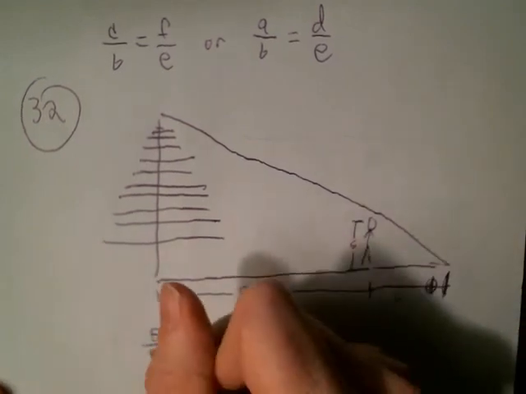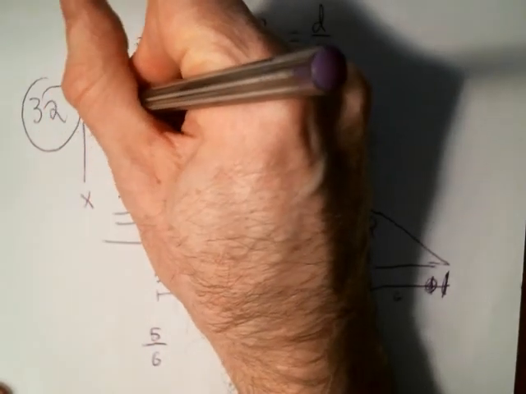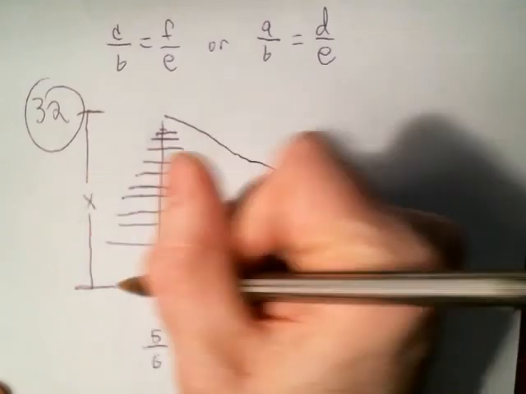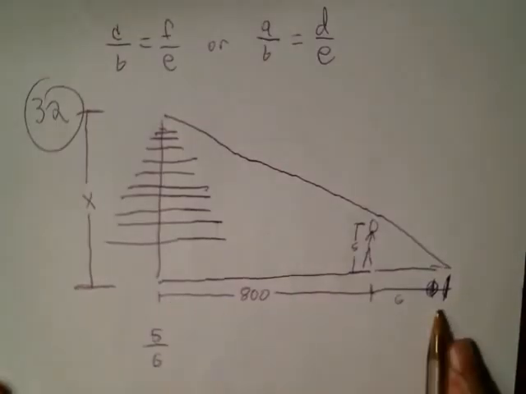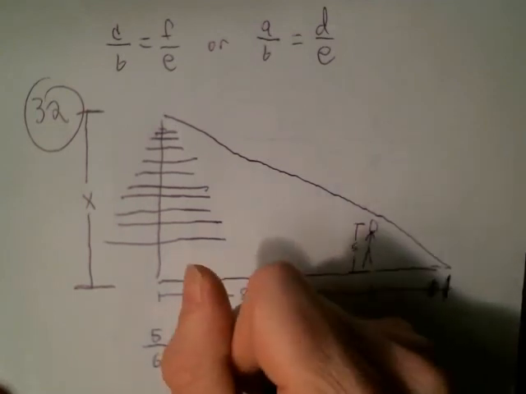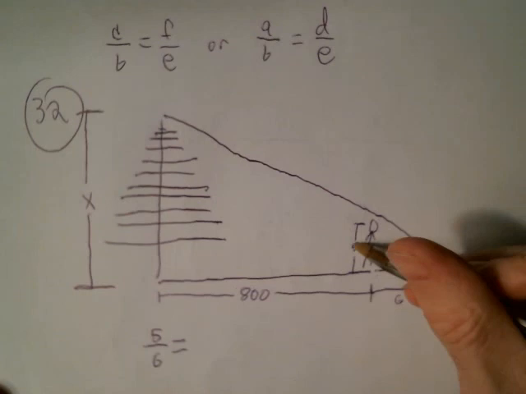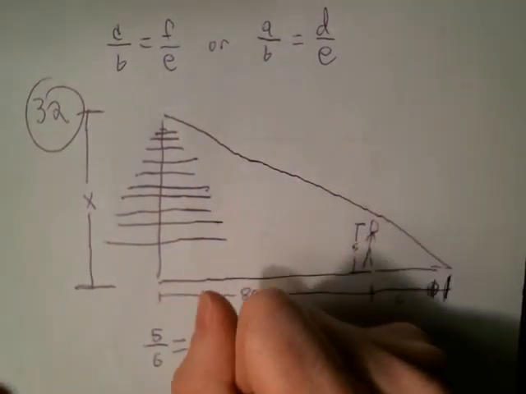So I'm going to go 5 is to 6 as this height, which is what I'm trying to figure out, the height of the tree, is to this length here, which you don't just say 80, right? It's 86. Okay, so 5 is to 6 as x is to 86.